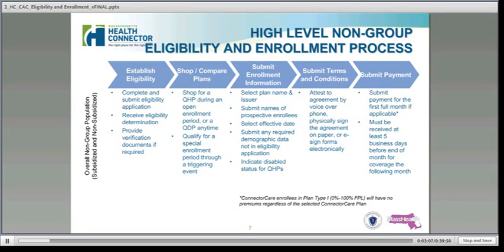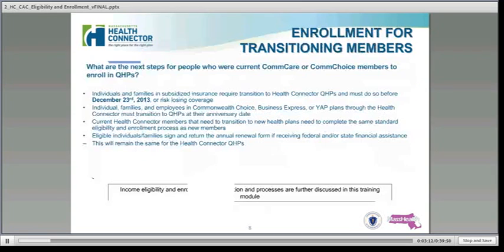If you go on to slide 8, this is labeled enrollment for transitioning members. I think you've heard us say over and over again that we have several individuals in Massachusetts who are transitioning. Specifically here at the Connector, we're transitioning our Commonwealth Care members as well as our Commonwealth Choice members. Individuals and families who are in subsidized insurance coverage, as you know, are going to require transition into a Health Connector QHP, and there are some very key dates here or else they're going to risk losing their coverage.